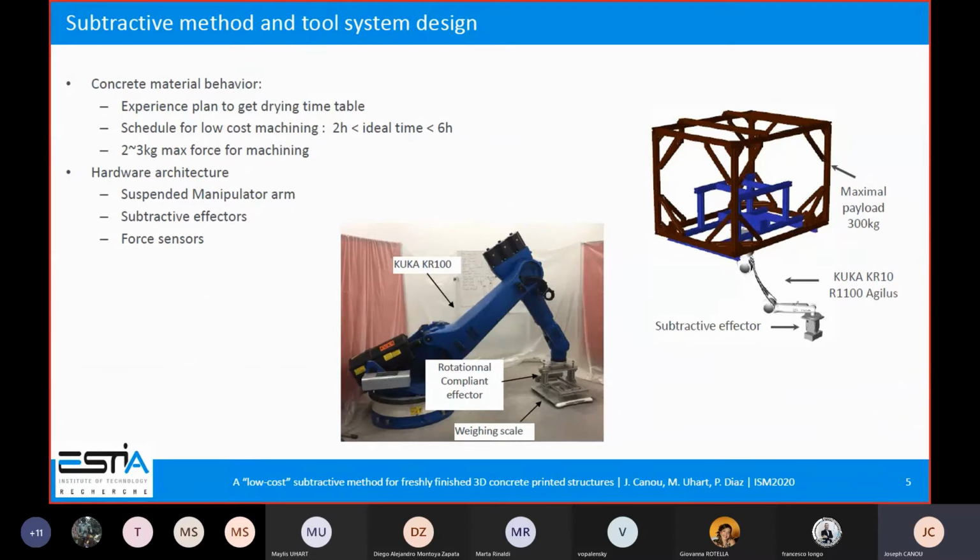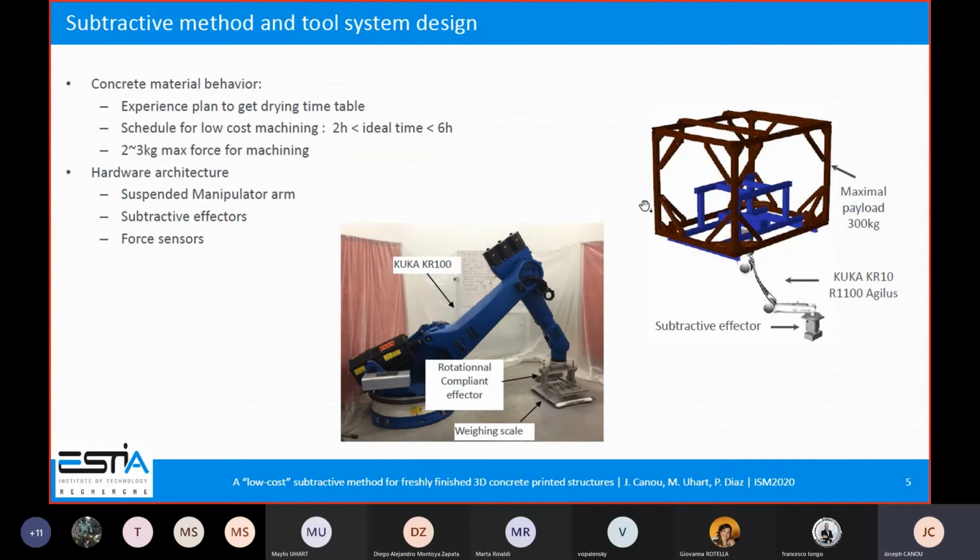So we wanted to be sure that we would be able to apply the forces for machining, even in presence of flexibility on the cable robot. So we made some trials also on this point, and we finally conclude that 2-3 kilograms would be the maximum force for machining operation. In fact, polishing, for example, is requiring only 1 kilogram of pressure.